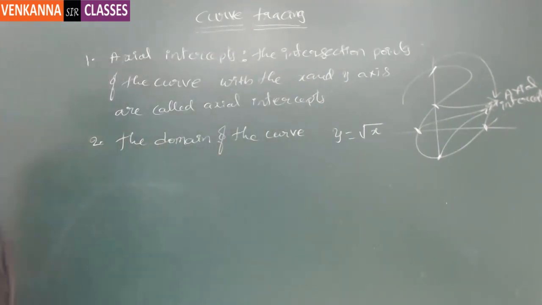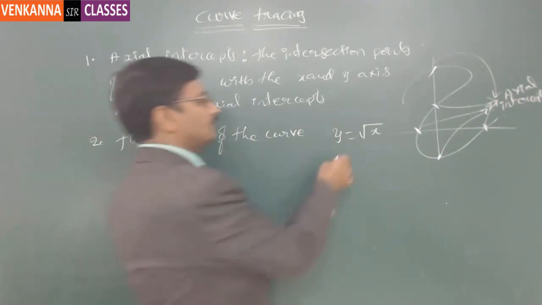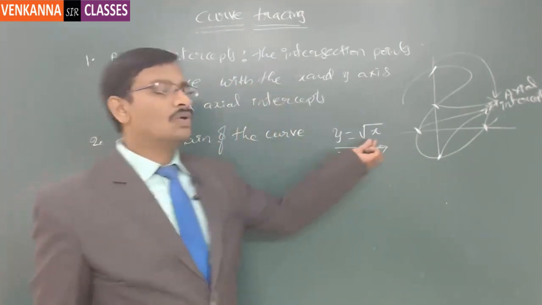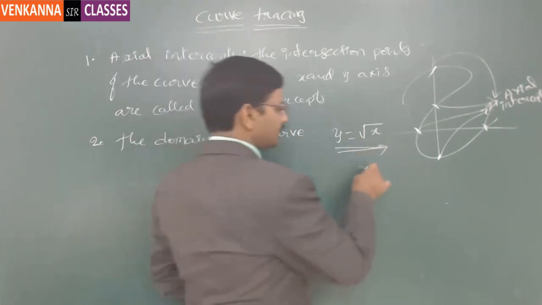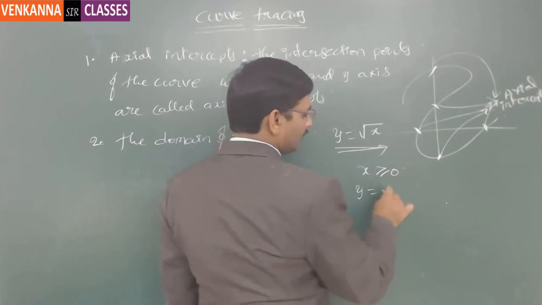Now the domain of the curve. Suppose I give the equation y is equal to root x. For this curve, for negative values of x, the curve is imaginary. By y is equal to root x, we mean only positive values of x are satisfied, right? If x is greater than or equal to 0, then only y is defined with a real value.